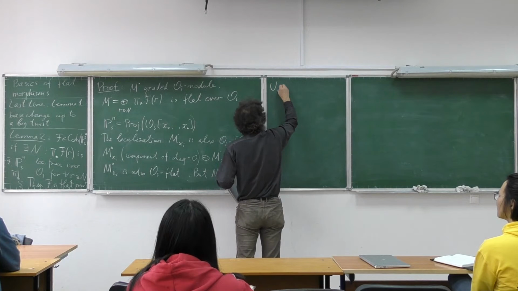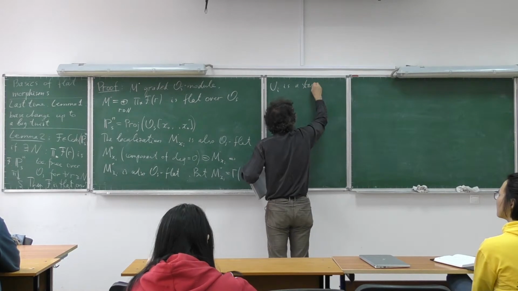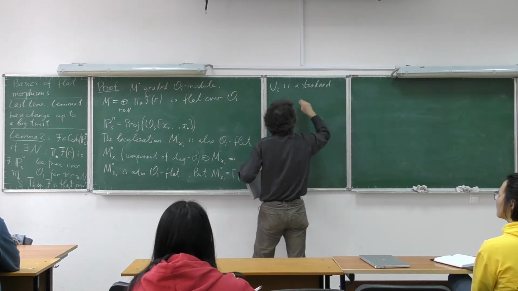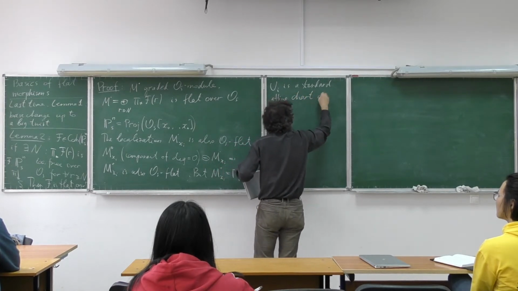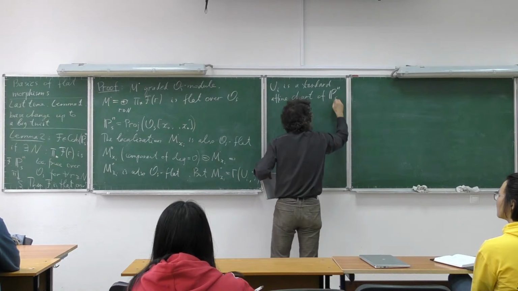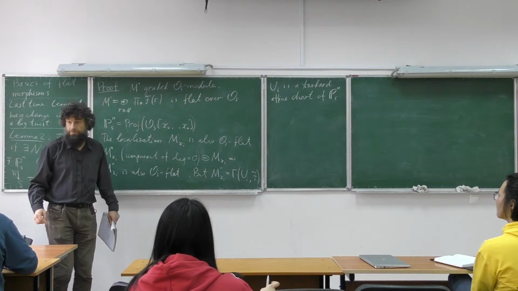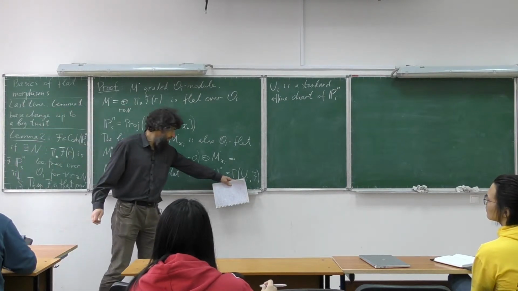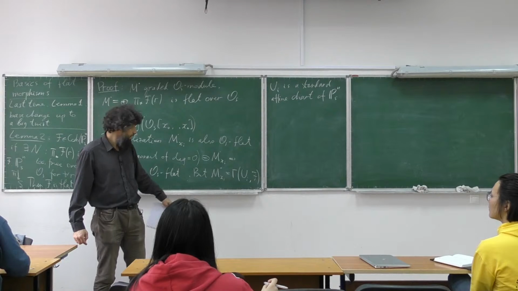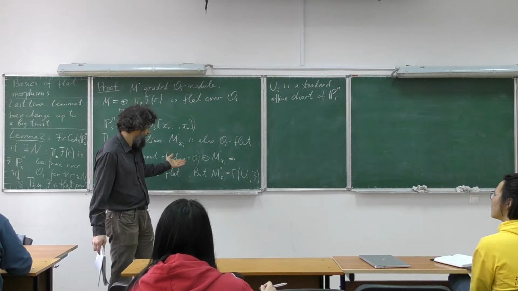So Ui is a standard affine chart of P^n_S. Yes? You mean here localization of global sections over this... Well, I mean just exactly what is written. M is a sheaf, M0. Yes. No. No. The right hand side is a module.